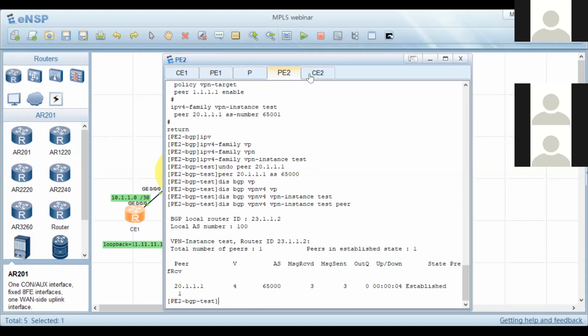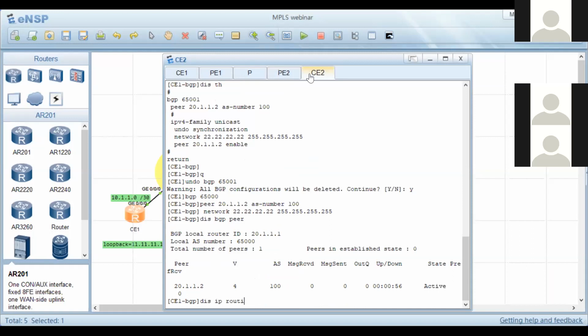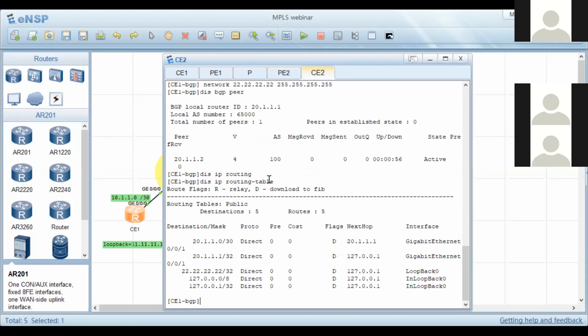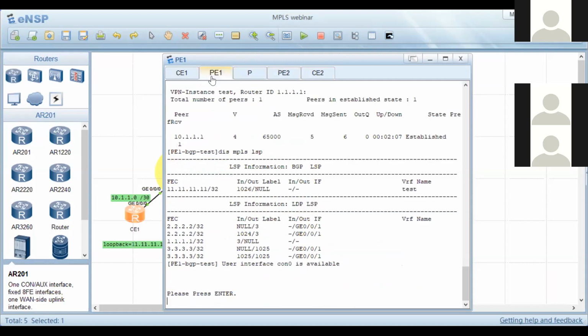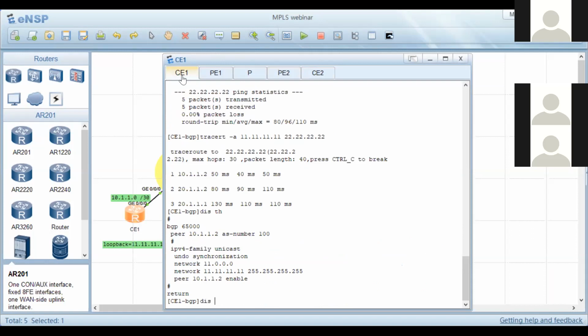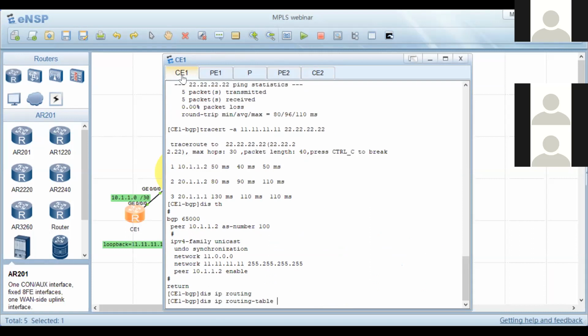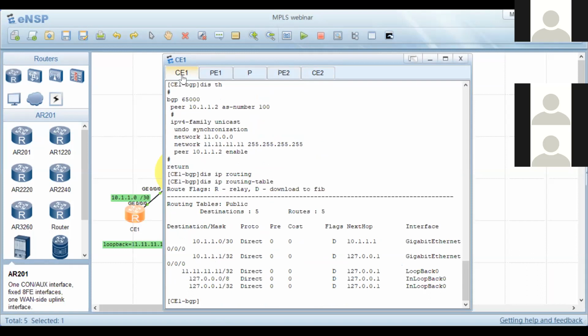It will be established, and as you can see, it will not advertise with the routing table of CE2 because they are in the same AS. We have to configure directly, as you said, an iBGP relation with CE1 and CE2.